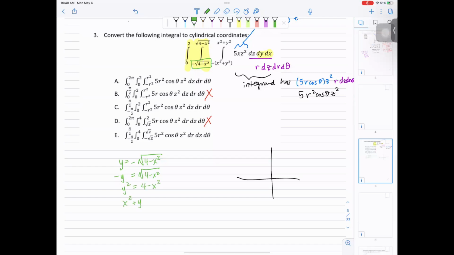So this is a circle of radius 2. Y goes from the negative half circle to the positive half circle. And x should only be from 0 to 2. So I only have this half of my circle right now.